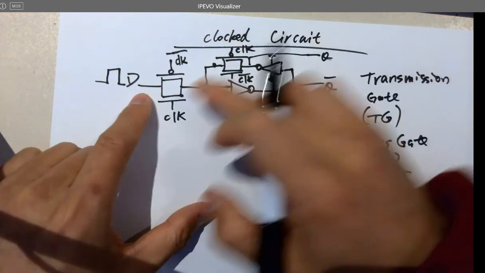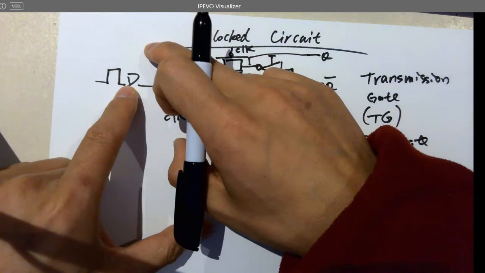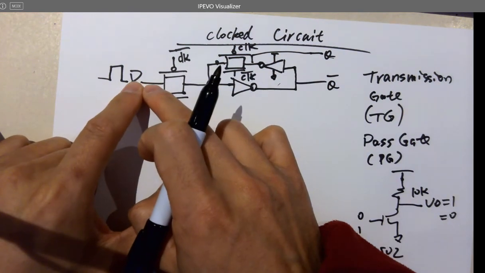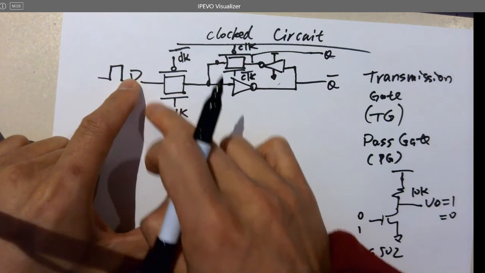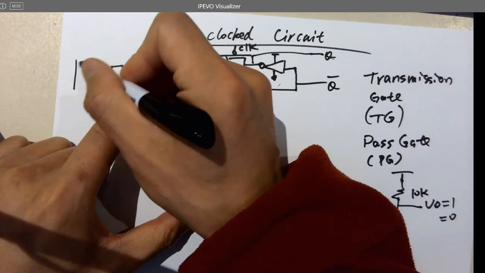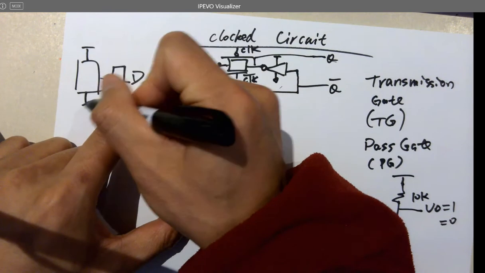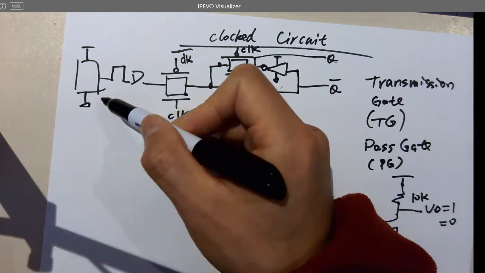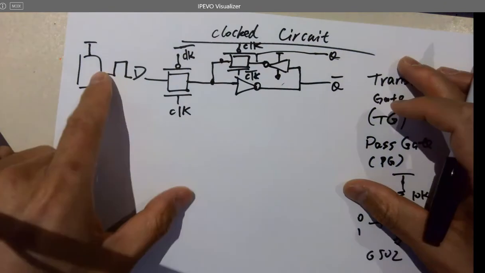It's very easy to pull it down or up by this very definitive input. Okay, why can you pull it up and down? Because this on and off is making a path to VDD or ground. So it's a very strong source. It's going to do that.